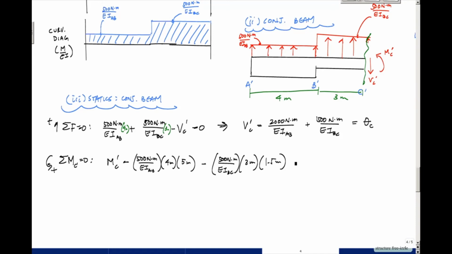And that's equal to 0. And that tells me that MC prime is equal to, let's see, 10,000 Newton meters cubed.